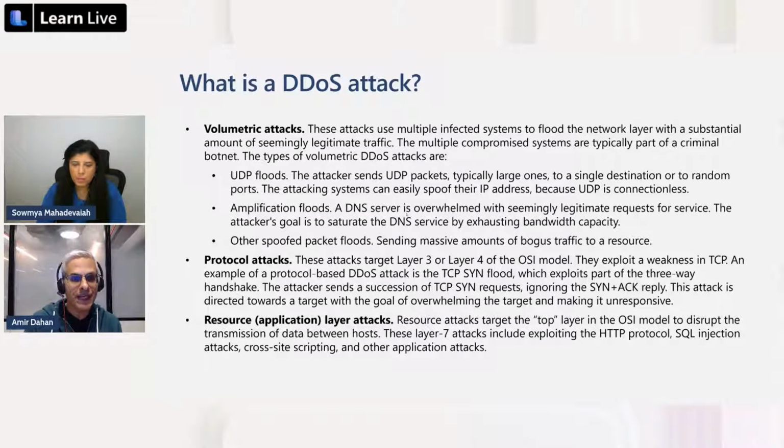But application layer attacks, specifically towards web applications, and you know that, Soumya, because you're going to explain how to protect against these kinds of attacks, should be protected with Azure WAF, or Web Application Firewall, as you will cover later. Thank you.